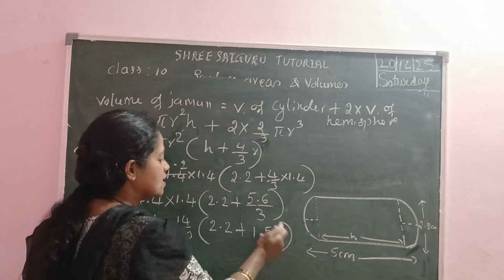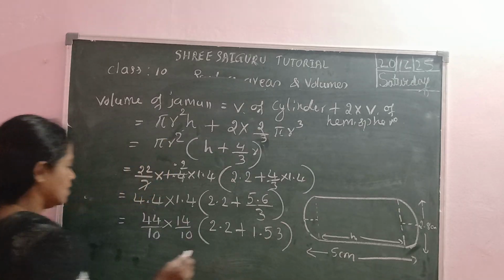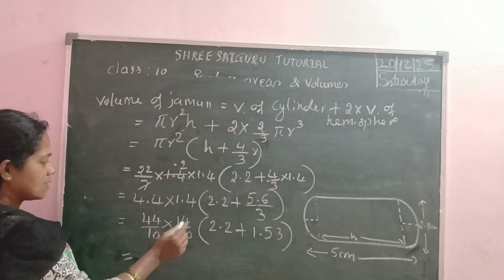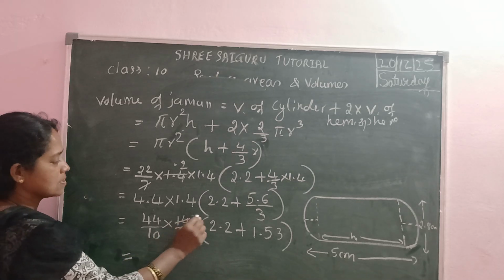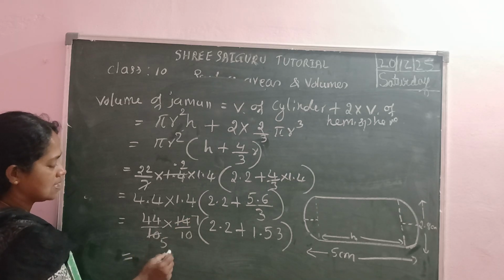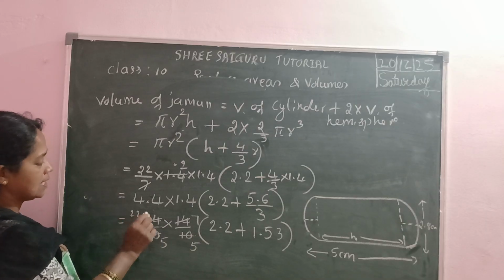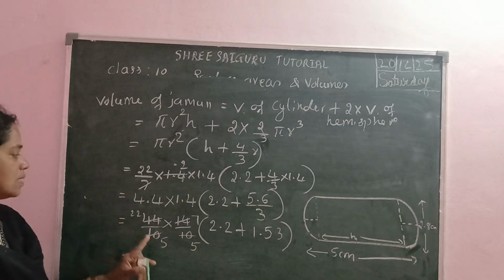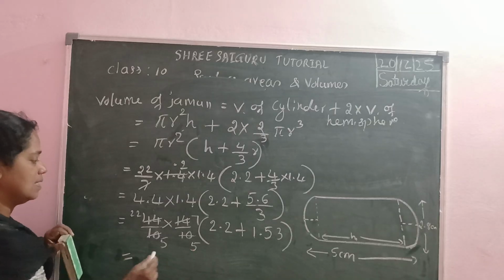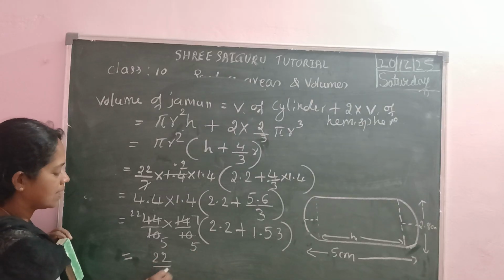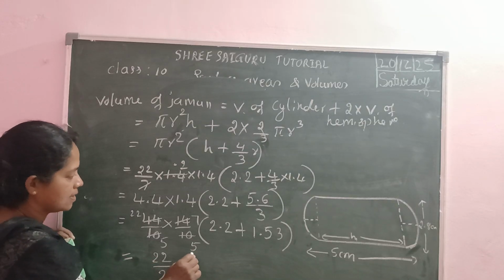So see, this is the approximate value that came. Then 22 divided by 25 into.